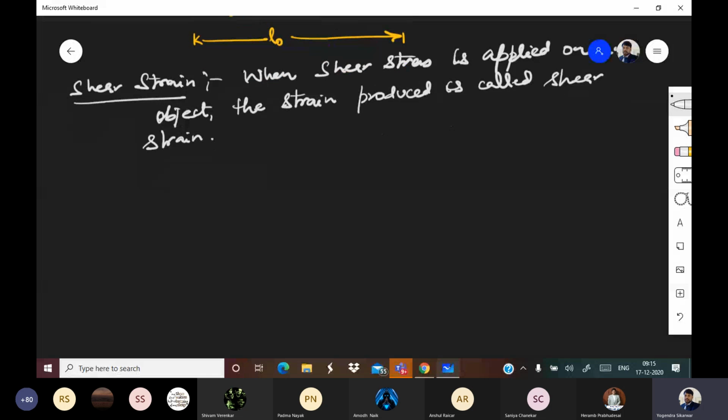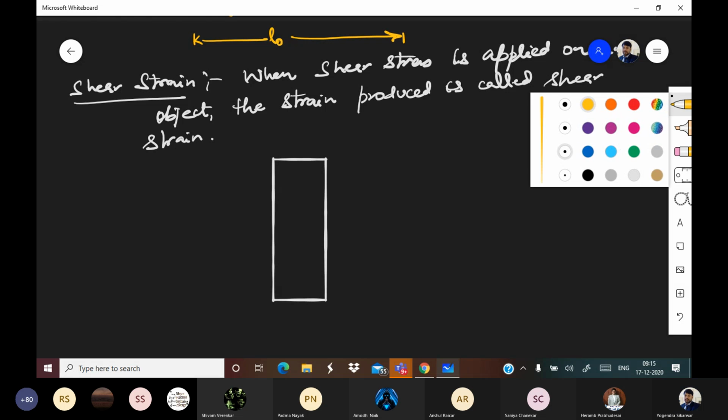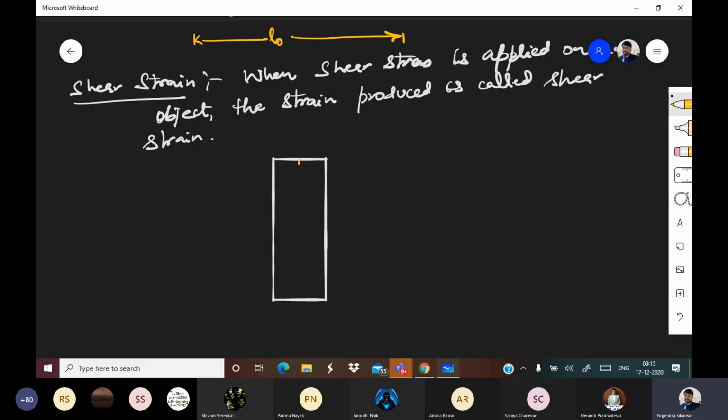So try to understand the previous example which I gave. Okay, so this is an object. Now when it is getting deformed, it will happen like this.